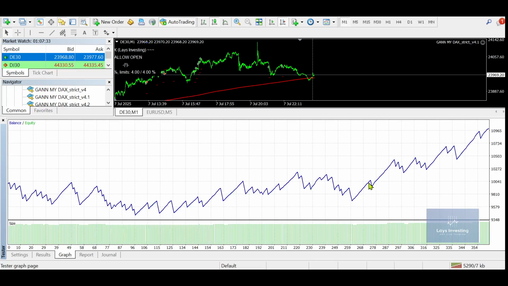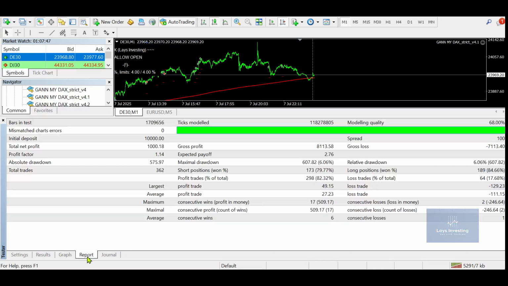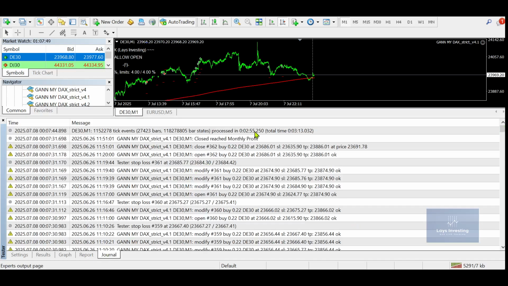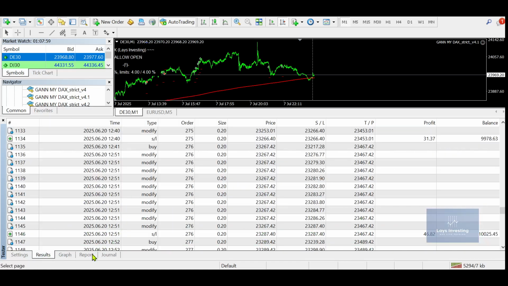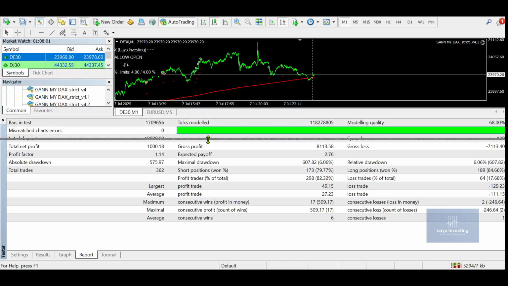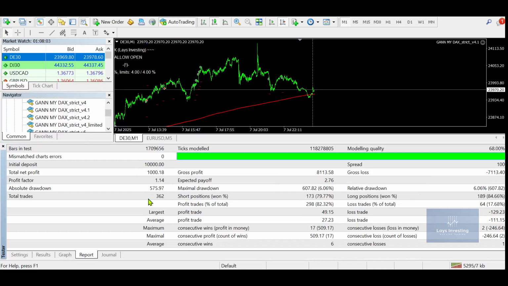On the 19th, America was involved. On the 23rd, there was a ceasefire. We reached that 10% on the 26th of June. But the profit factor is 1.14.